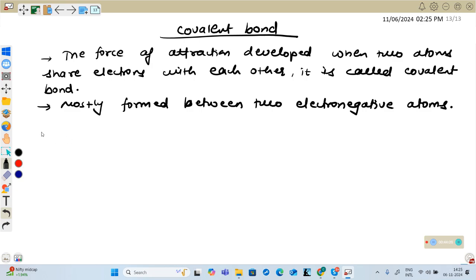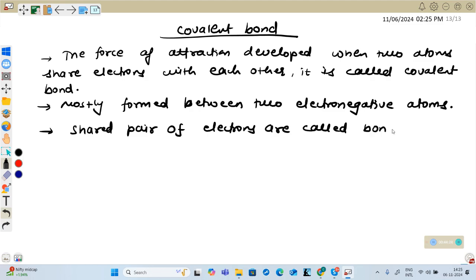Now the shared pair of electrons are called bond pair of electrons.